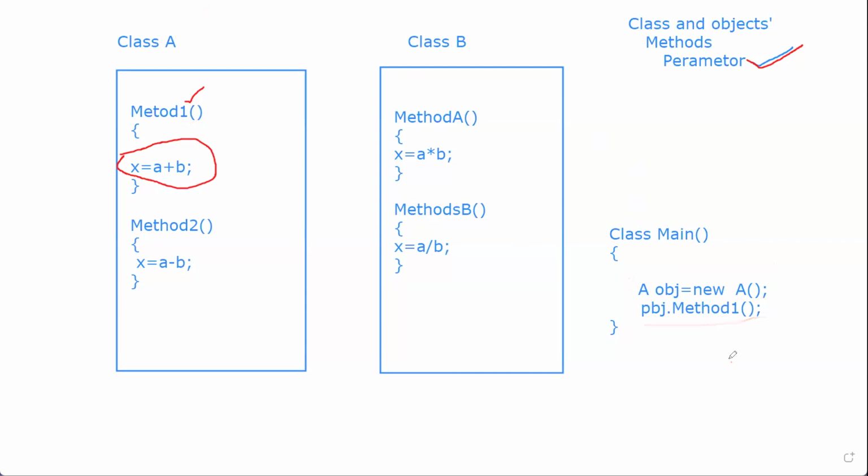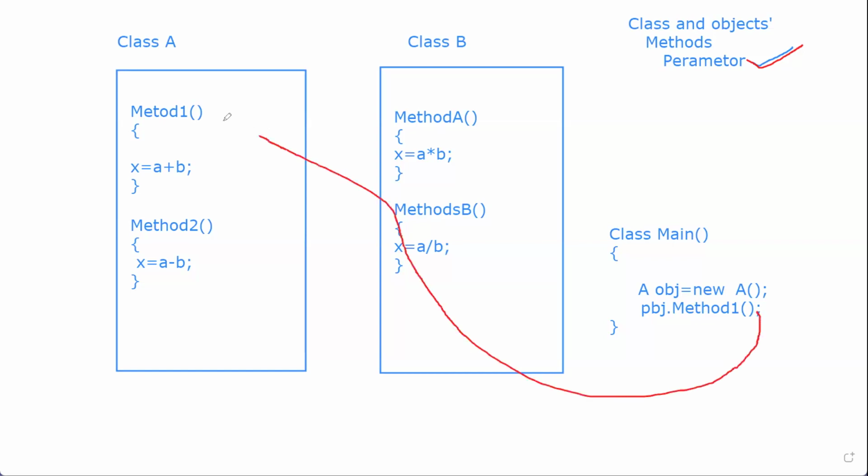First, we need to understand what data sharing means. Method one can find the addition of A and B. That is fine. When I call this method, the request will go to this method.